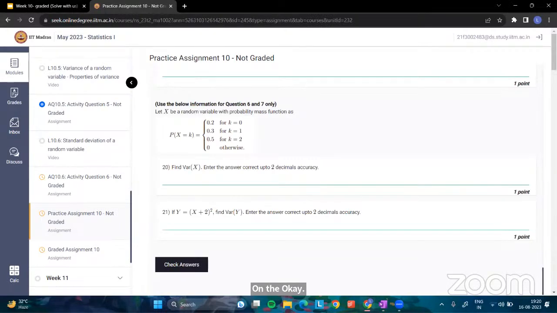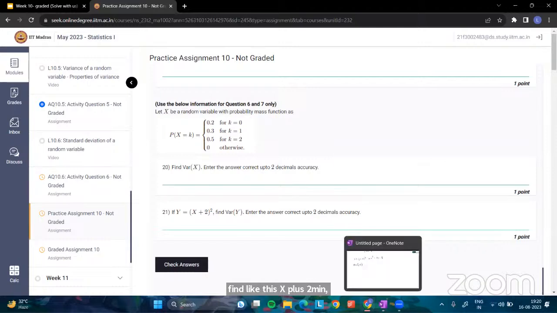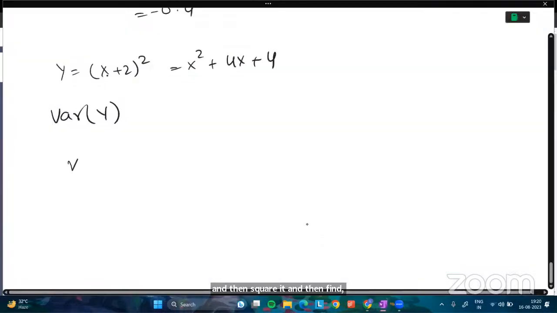So we have to first find x plus 2 and then square it and then find probabilities? No, I don't think you can square it. The variance of this won't be equal to the variance of x plus 2.